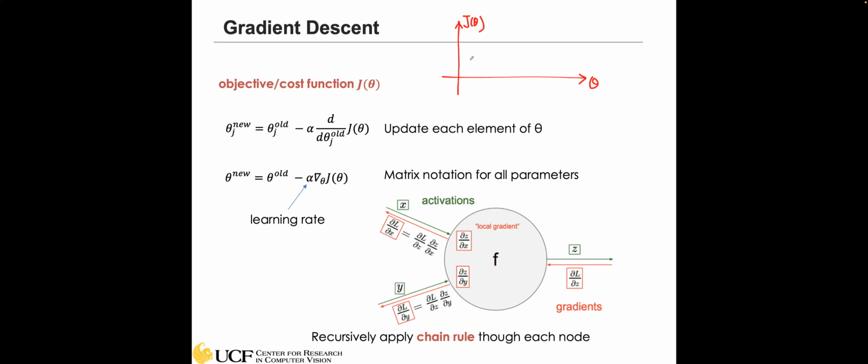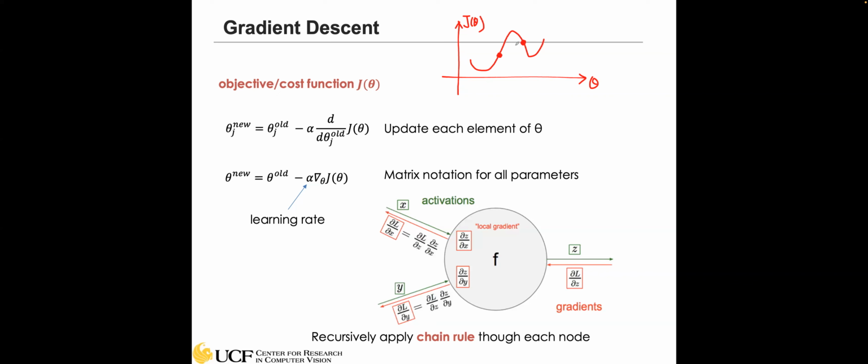Let's say this may be my loss curve, which looks like this. Remember, the goal is we want to minimize the loss, minimize this J theta, this cost.